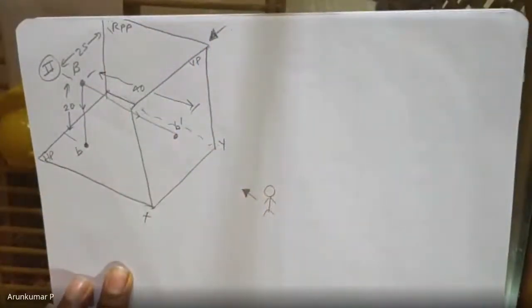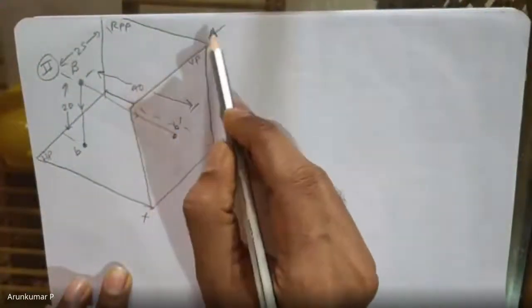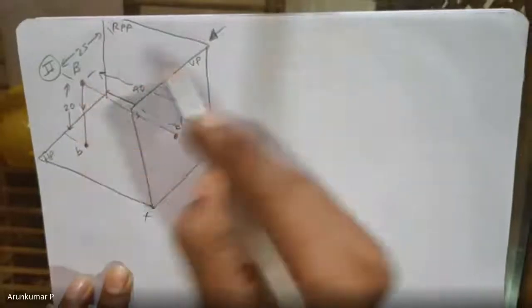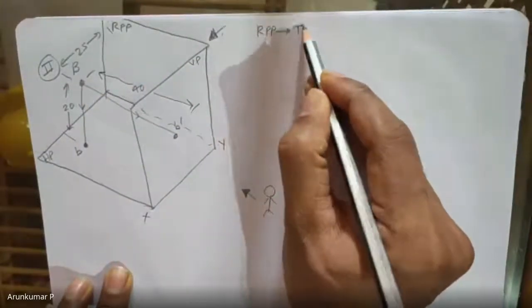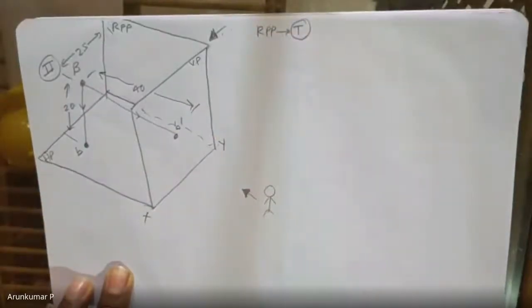Right profile plane, RPP. So since RPP is between the observer and the point B, you have to make RPP transparent. Only then can you get the side view of the point B on RPP.